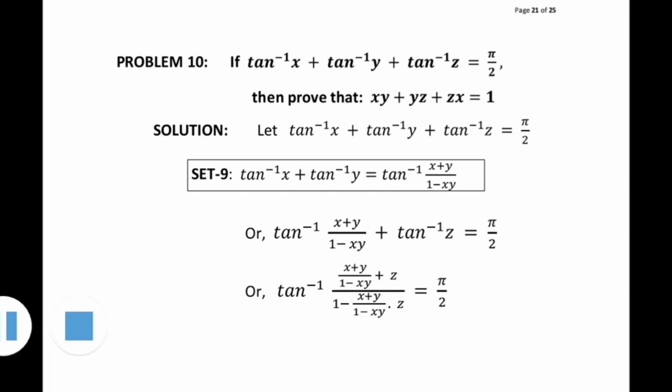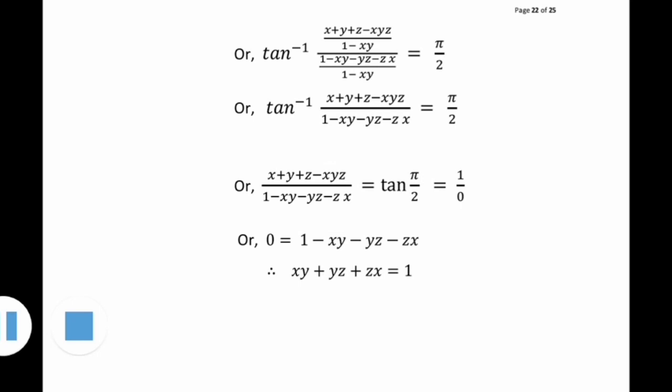So here we are in a position to apply the definition of inverse circular function, that is if we consider tan inverse x equals to theta, we can write x equals to tan theta, and accordingly get the simplification here in the third step in the screen, that is x plus y plus z minus xyz whole divided by 1 minus xy minus yz minus zx equals to tan pi by 2.